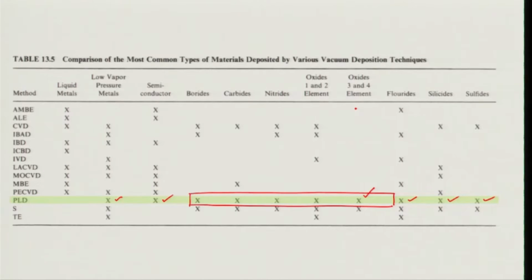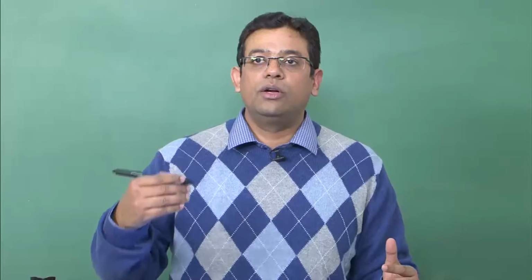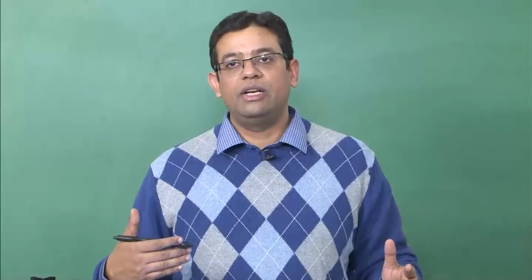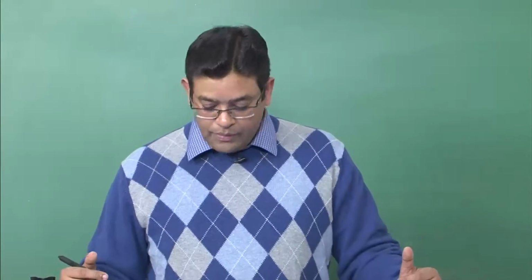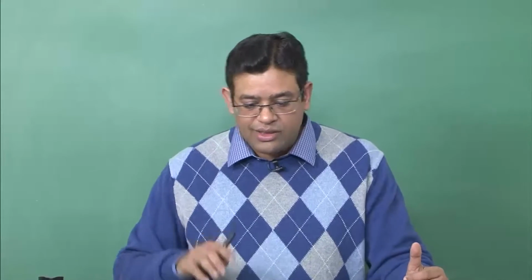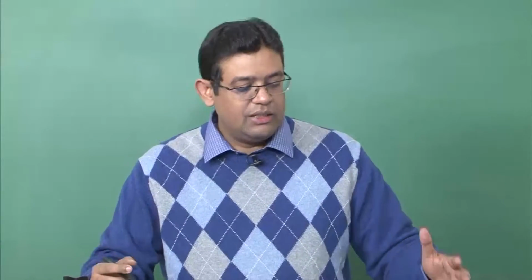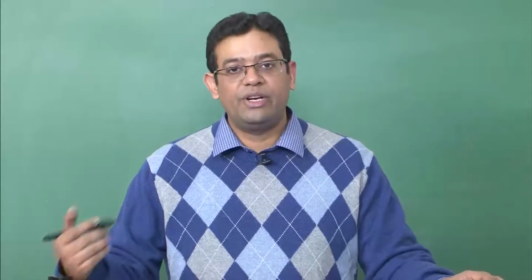So, you can adjust the stoichiometry on the fly when you are depositing. This is a very versatile method for the lab to develop the material before you go for large area deposition at the industrial level. With this I will stop with thermal deposition or thermal evaporation techniques.